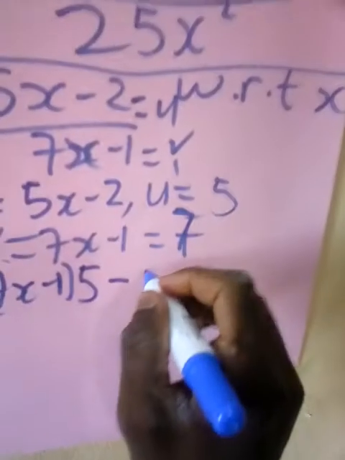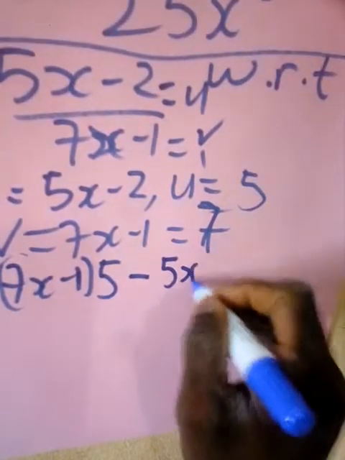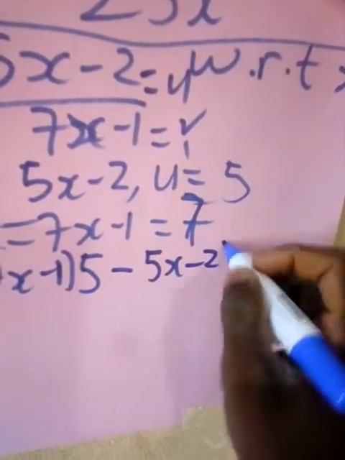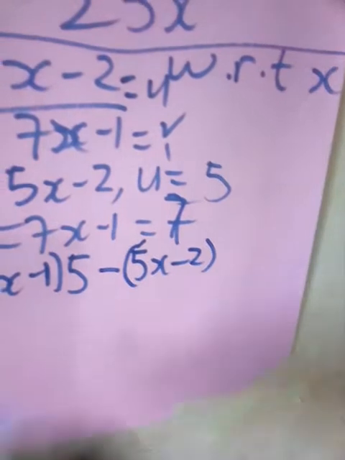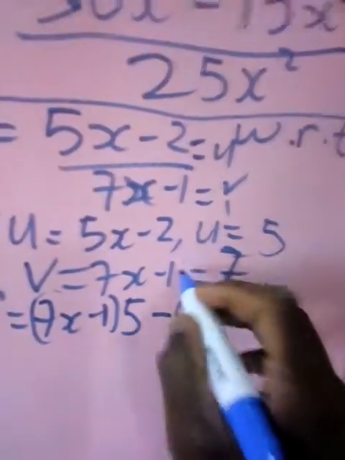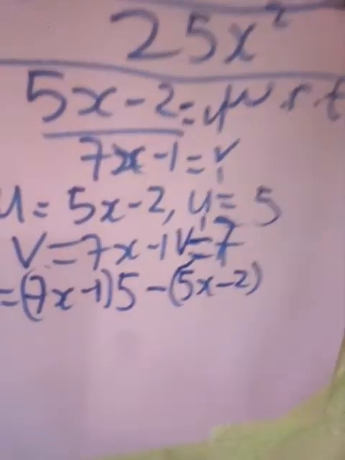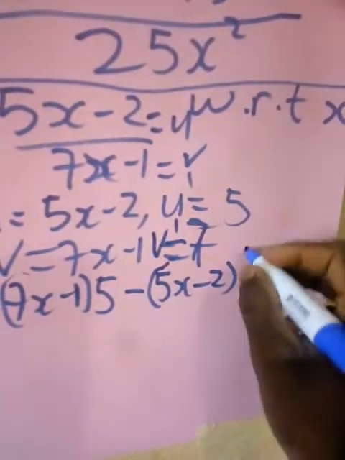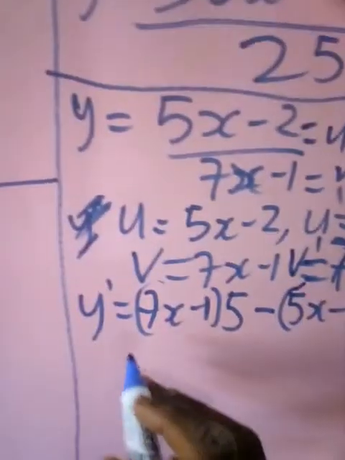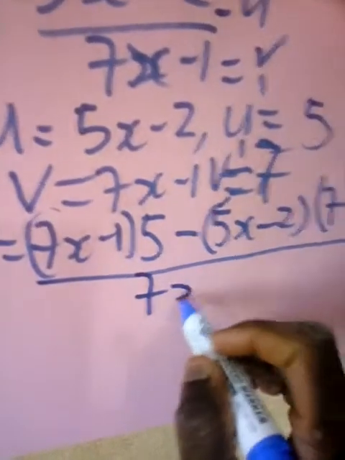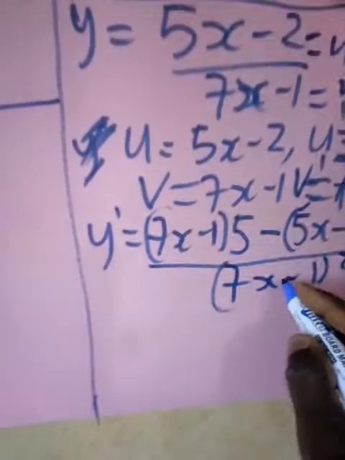My u is 5x minus 2 multiplied by my v prime, that's 7, all over the square of my v. So my v squared, that's 7x minus 1 squared.